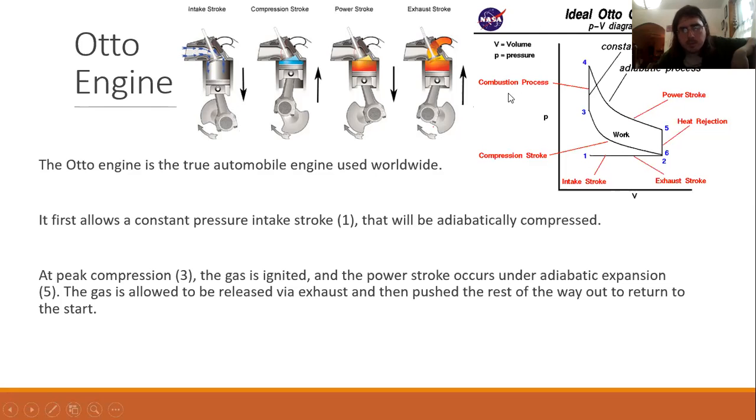So essentially, starting with one, we have the intake stroke, where there is very low pressure and very low volume, and we expand the volume while we add more gas, keeping the pressure the same. From there, that's where we start to do the work with the compression stroke. We're compressing this down, and then we combust it.